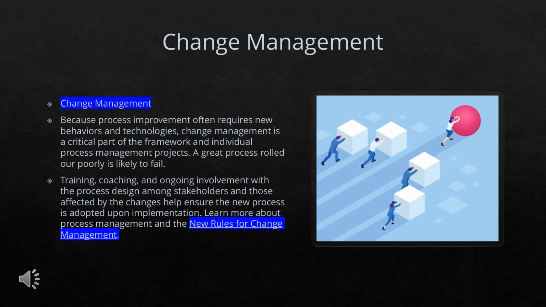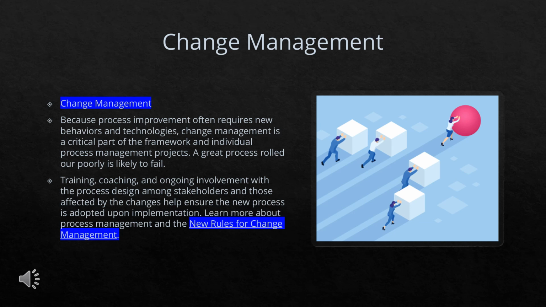Change management is a type of process management because process improvement often requires new behaviors and technology. Change management is a critical part of framework and individual process management projects in businesses. A great process rolled out poorly is likely to fail.